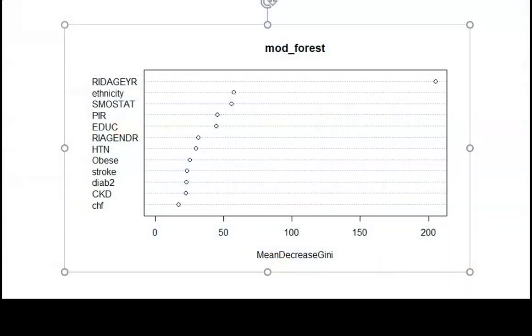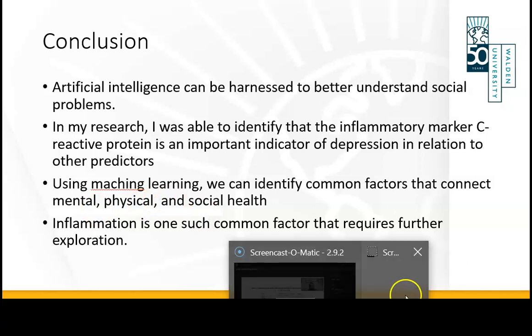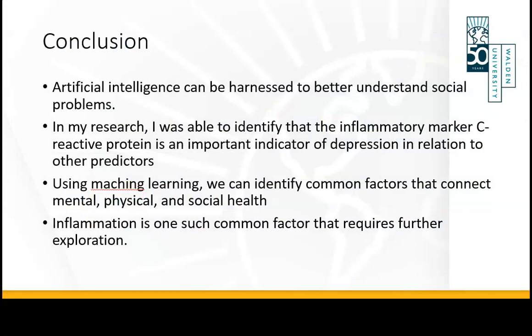So the next thing that we were looking at is trying to make sense of all of this and how the original regression model, which was derived from a frequentist approach, we can use that to combine what we found here in order to find out a more complete picture of what is going on. So in conclusion, artificial intelligence can indeed be harnessed in order to solve complex issues.